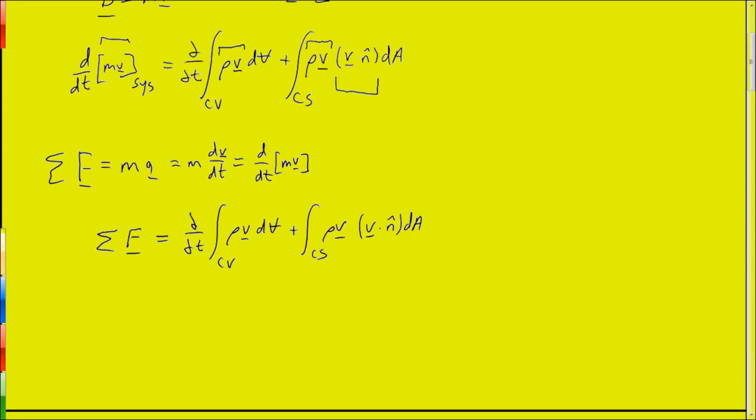So that means that we can calculate the forces on the control volume, and they end up on the left-hand side of this equation, and then we can calculate what's going on with the momentum within the control volume and the momentum crossing the control volume boundaries here.